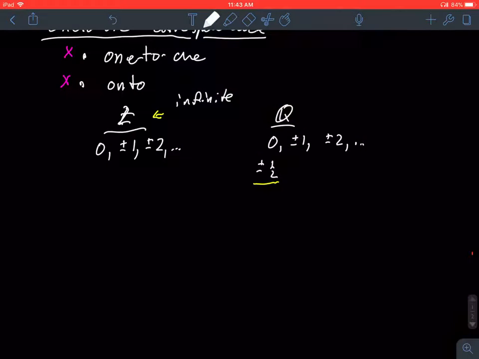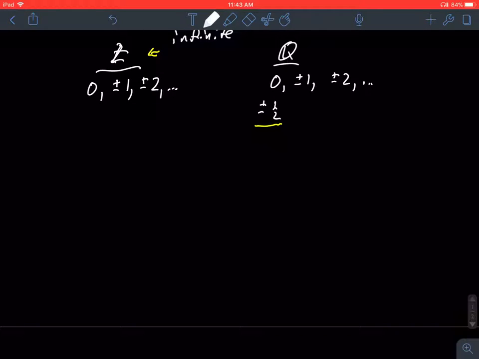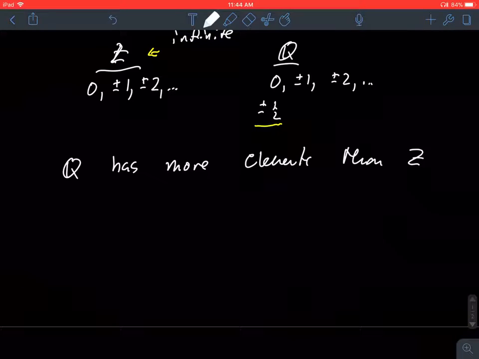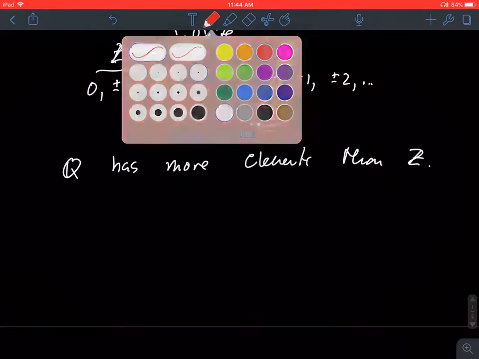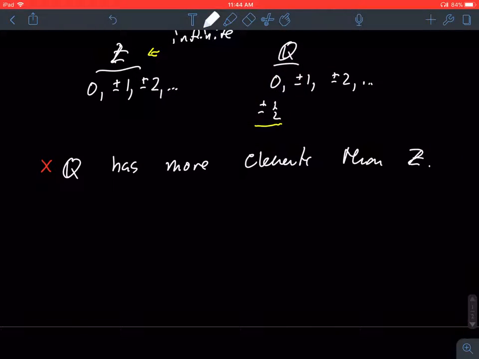But one of the ideas that you might think of is if you were to count the elements, you might say the rational numbers Q has more elements than the set of integers. But this would be a mistake. That's wrong because we don't think about counting like that.